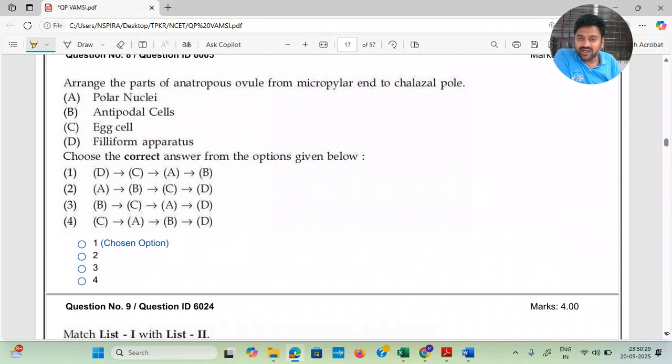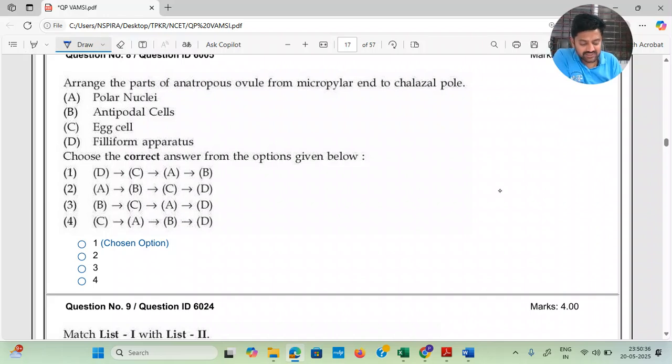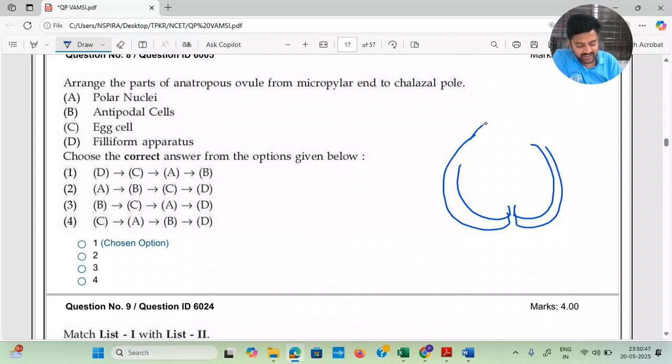Arrange the parts of anatropous ovule from micropylar end to chalazal end. In an anatropous ovule, which is a 180 degrees turned ovule, we can see in the embryo sac, the synergids will be at the micropylar end.